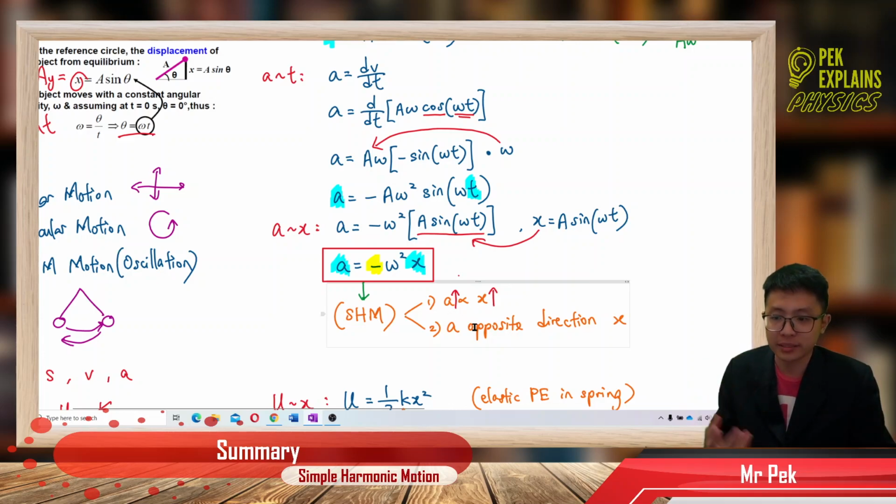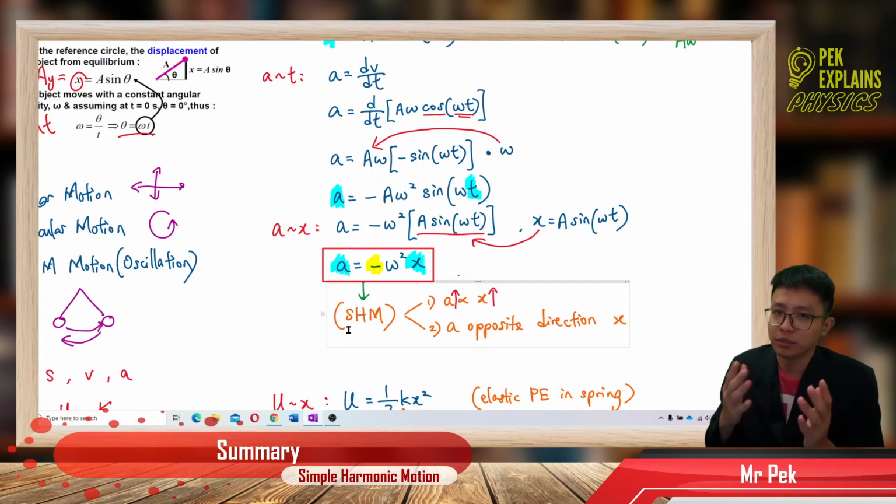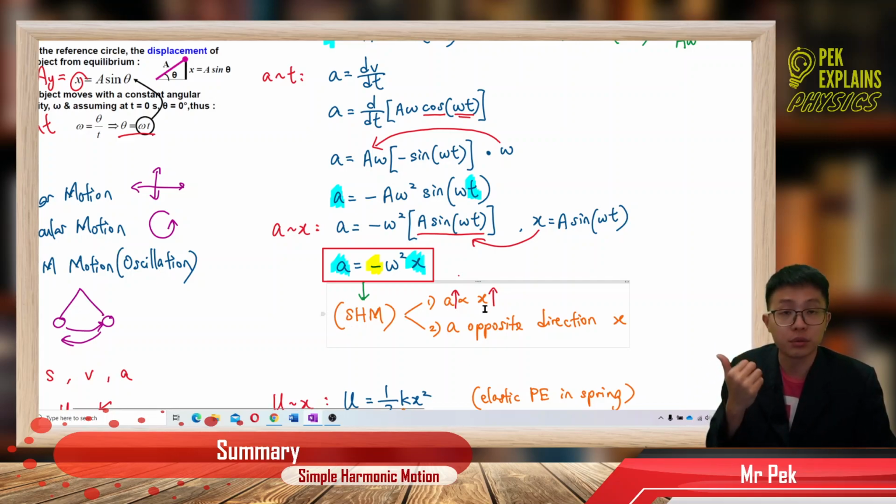Okay? So these two keys, acceleration proportional to x and acceleration opposite direction with x, become the foundation behind simple harmonic motion. So if people ask you what is simple harmonic motion, you just say, first, the acceleration is proportional to x. Second, acceleration is opposite direction with x, which is described by this formula, a equal to negative omega square x.